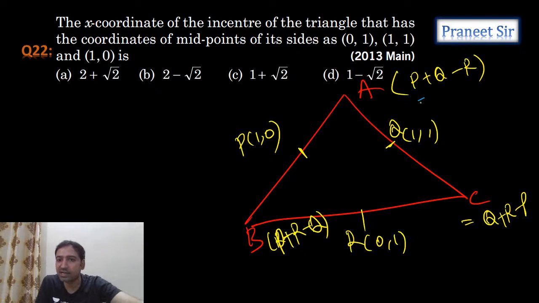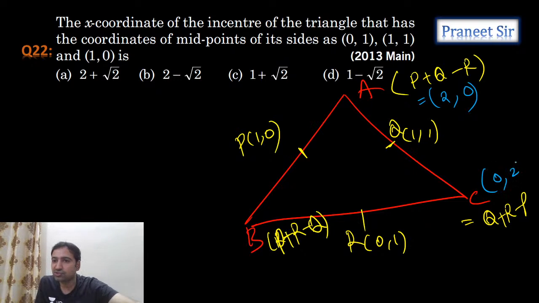If you calculate using this formula, P plus Q minus R is (2, 0), we're getting it. In the same way, we can calculate vertex C. Vertex C is (0, 2). And vertex B we can also calculate: P plus R minus Q, (0, 0).